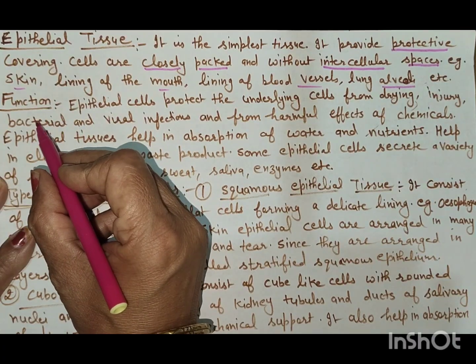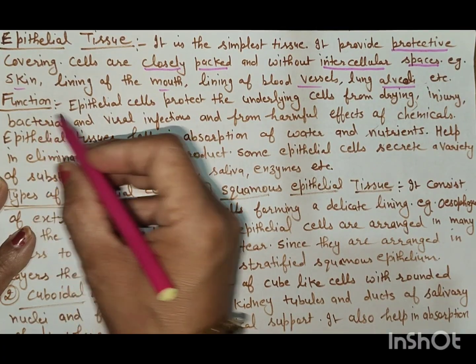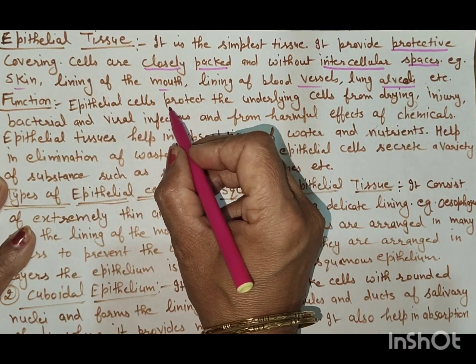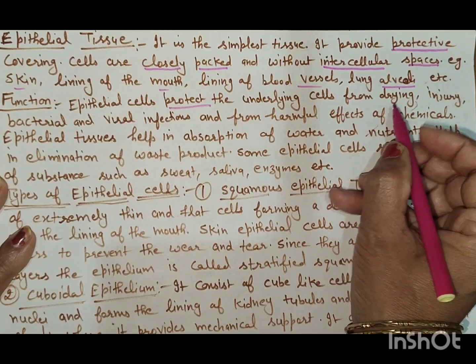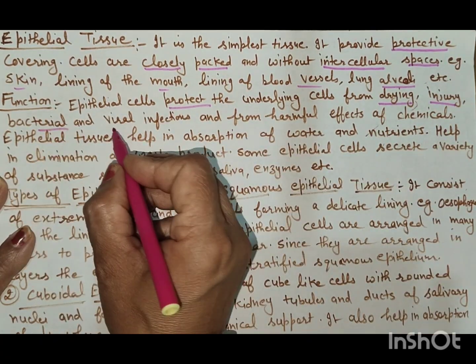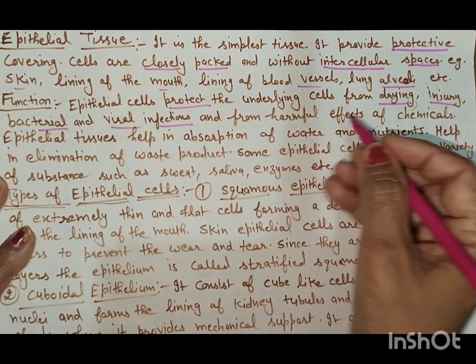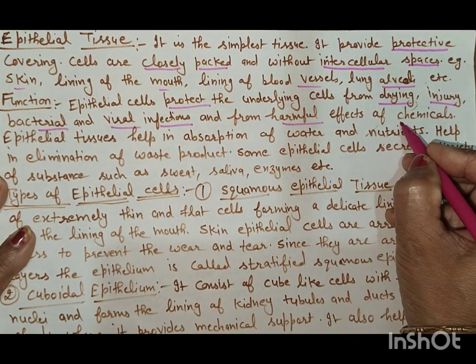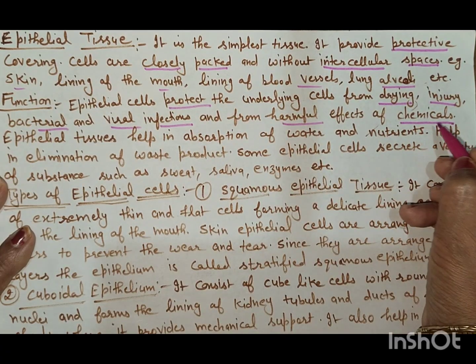What are the functions of the epithelial tissue? Epithelial cells protect the underlying cells from drying, injury, bacterial and viral infections, and from some harmful effects of chemicals.